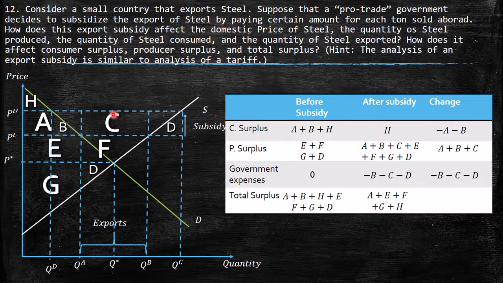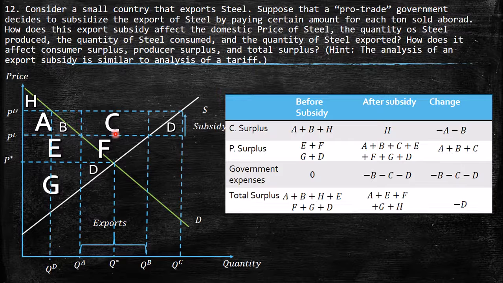And the government expenses is going to be C. So the total surplus is going to be exactly the same. There is not going to be any change, because the payment given by the government is provided to the suppliers.